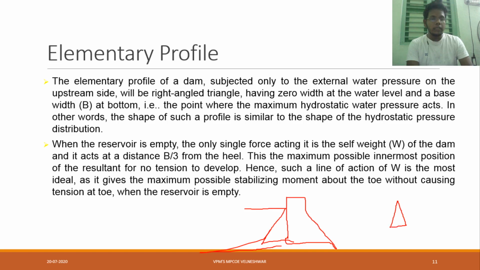This is our right angle triangle. At this location, how much will the width be? Obviously it is zero, and a base width B at the bottom. Base width means from here to here. This is our base width, and this is the width at our water level.